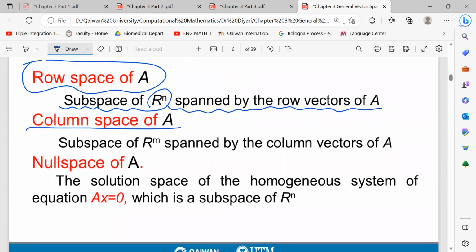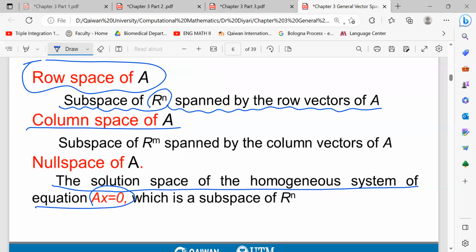For the null space, we say it is the solution space of the homogeneous system. We just set the matrix times x equal to the zero column vector, and then we solve it.